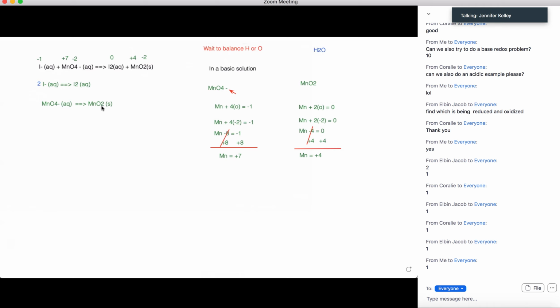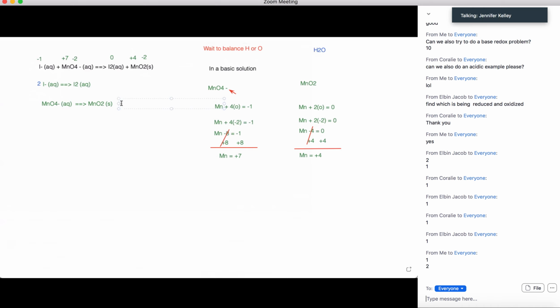So if I have 2 oxygen in MnO2 and I need 4, how many water molecules will I add? 2 plus blank equals 4. 2. Good. All right.